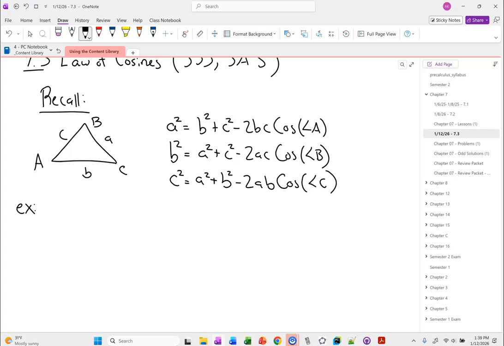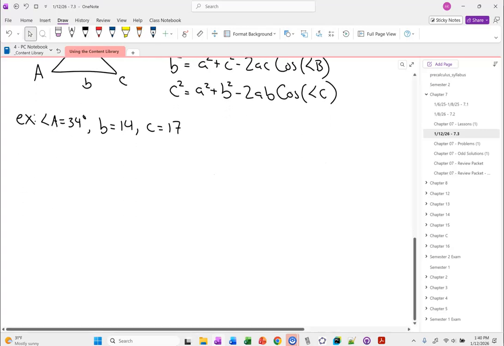So again, this is the formula for the law of cosines.